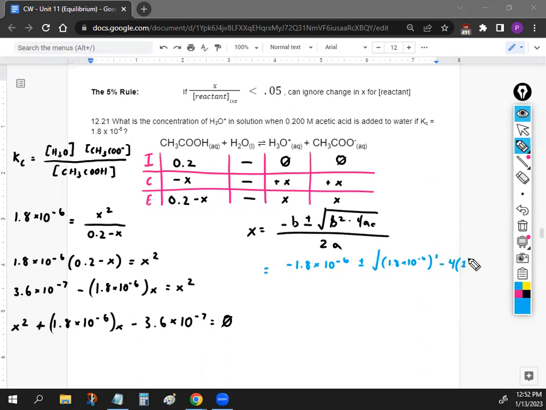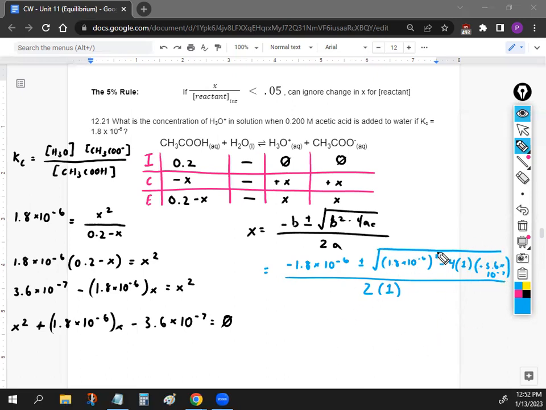A is 1. C is negative 3.6 times 10 to the negative 7. I'm running out of room. Okay, all over 2a, but 2a is 2 times 1. Everybody good with that so far?